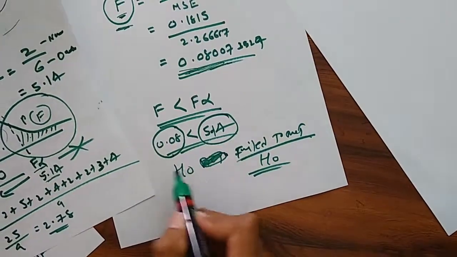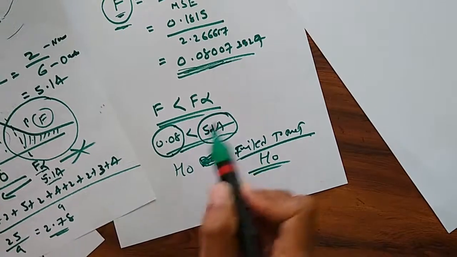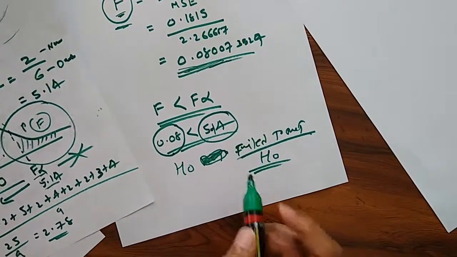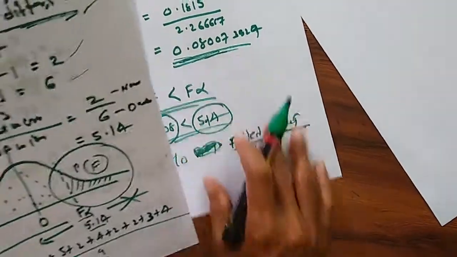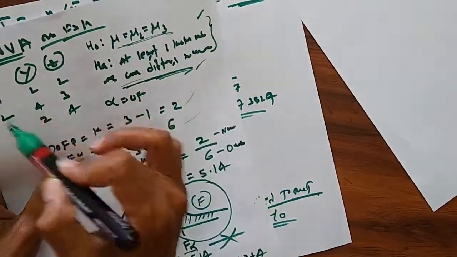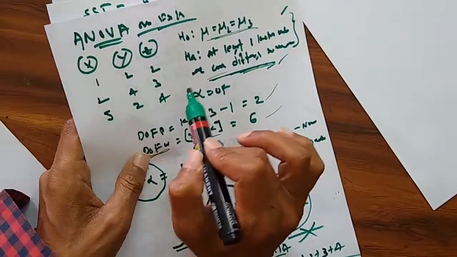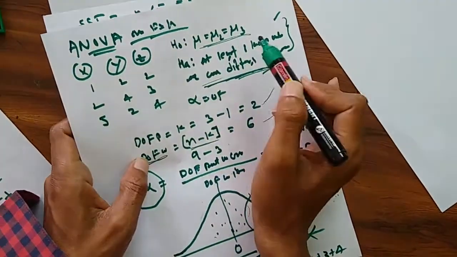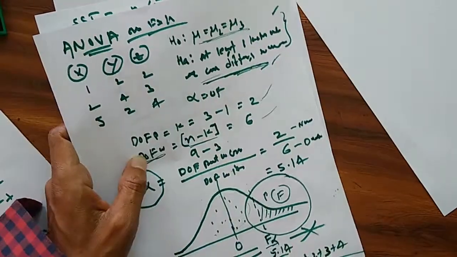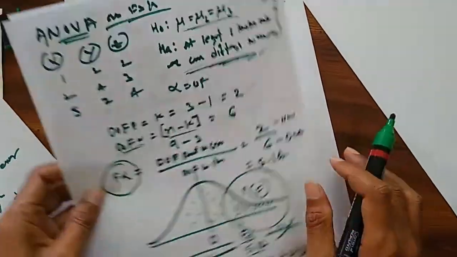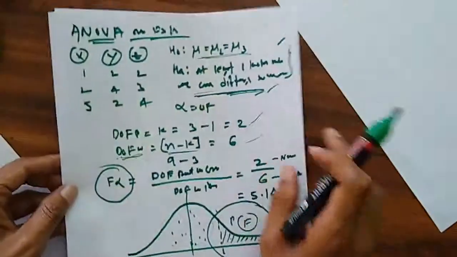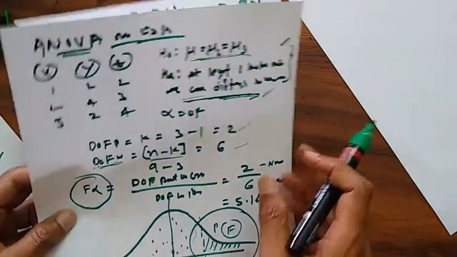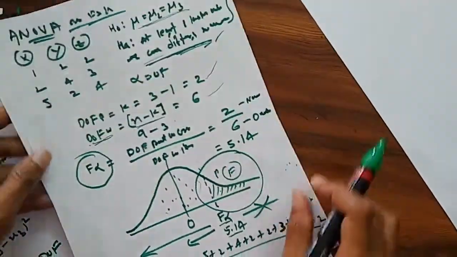So when F is less than F alpha, as per F statistics, we fail to reject our null hypothesis. That means in all three locations we are manufacturing the same size of cell phones. So in this way you can give your explanation and decision interpretations to the business so that business people can take any decision on that.